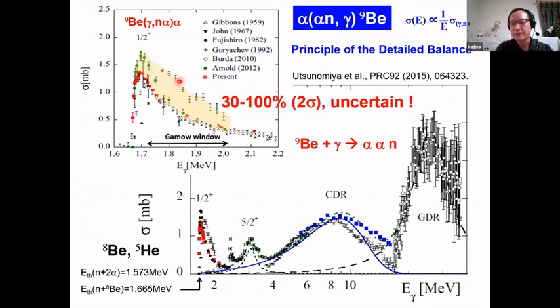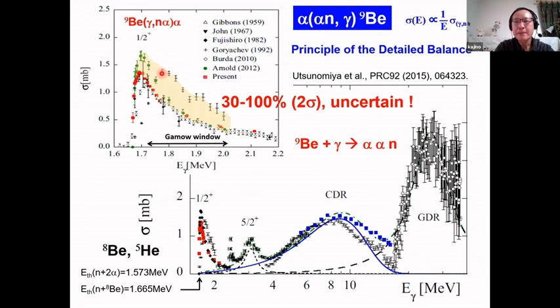This should be measured independently or theoretically calculated. Theoretically, this looks like a low-energy 1/2 plus resonance, but there is no resonance expected from nuclear structure. This is a so-called ghost resonance. So we should consider the three-cluster reactions, and their estimate is to be done carefully.